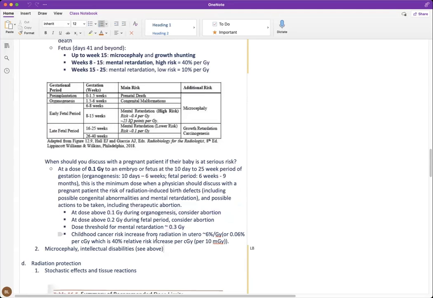Childhood cancer risk increases from radiation in utero: 6% per gray, which is also known as 0.06% per centigray, which is a 40% relative risk increase per gray. I think I was just synthesizing with other numbers that we had from other parts of the studying.